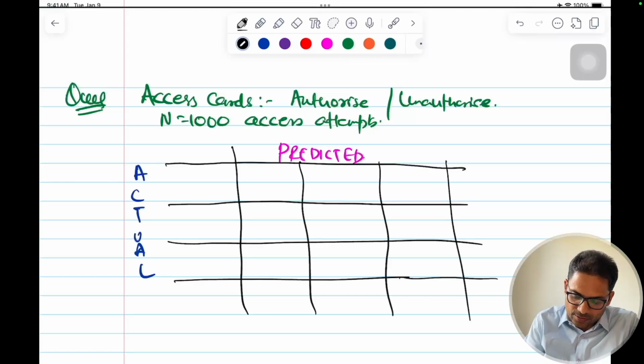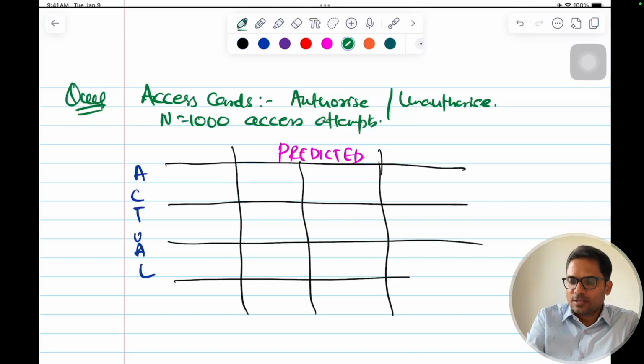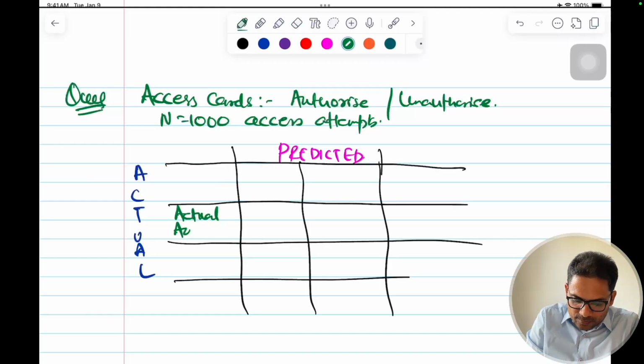Here is actual: someone who is actually authorized to enter, and the system predicts that this person is authorized.